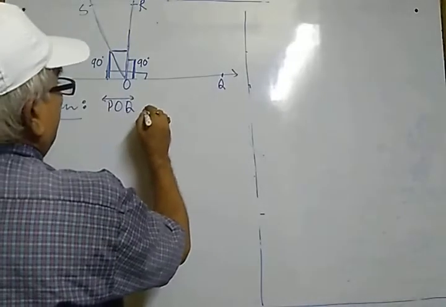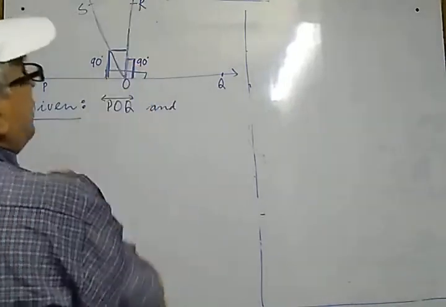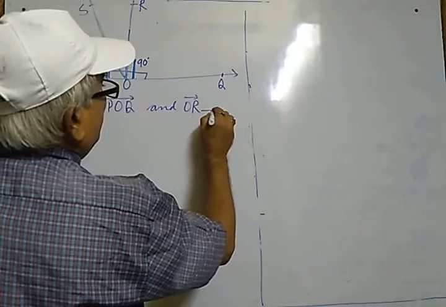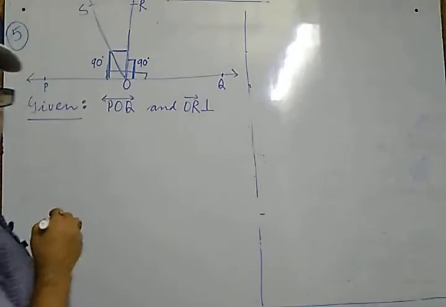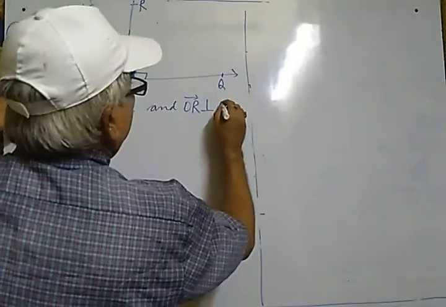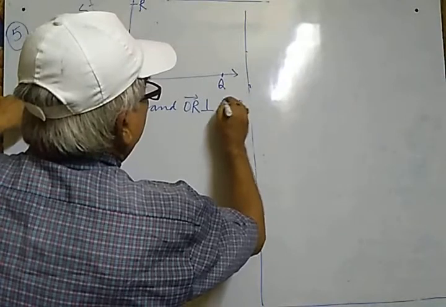First thing, and this OR, ray OR is perpendicular. This is the symbol of perpendicular to which line? Line POQ.